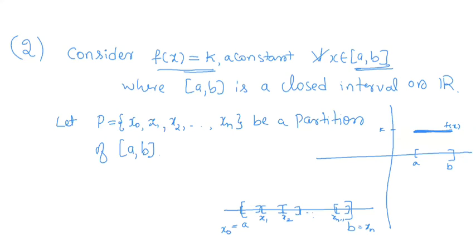Now, to talk about the Riemann integrability of this function, first of all, we have to talk about the lower Riemann sum and the upper Riemann sum. For that we need the minimum and maximum value of the function in each of these subintervals. So in this plane, suppose this is the closed interval a comma b.